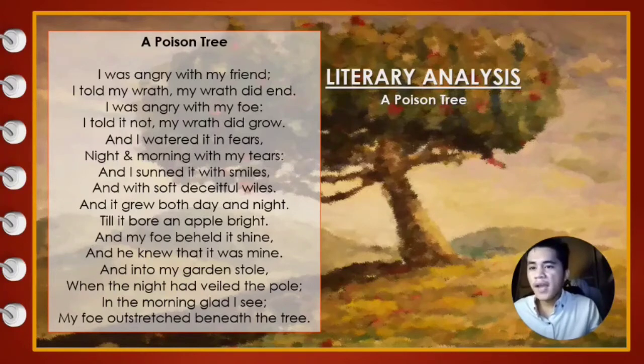And my foe beheld it shine, and he knew that it was mine. And into my garden stole, when the night had veiled the pole. In the morning, glad I see my foe outstretched beneath the tree.